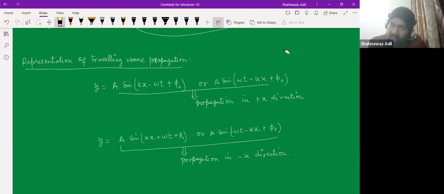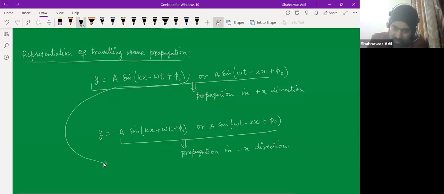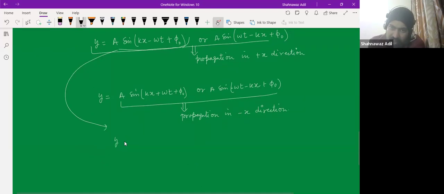So let us take we are propagating in x direction. The wave is propagating in x direction. So let us take the displacement in this form. Right. y is A sin(kx - omega t + phi). So then what are the things that we have?